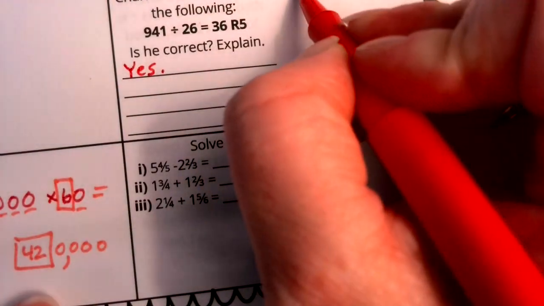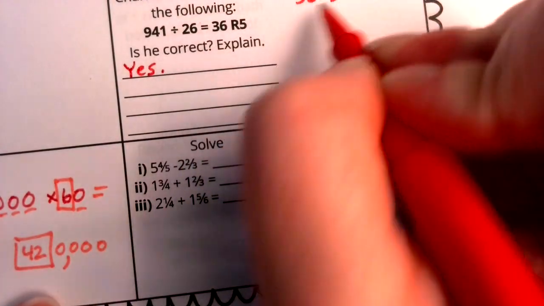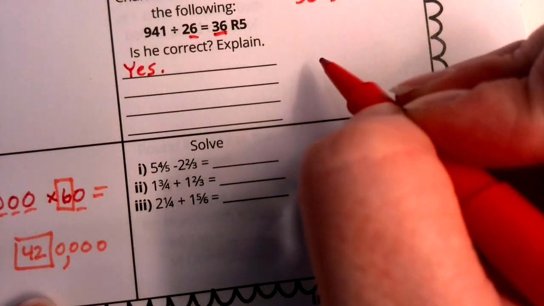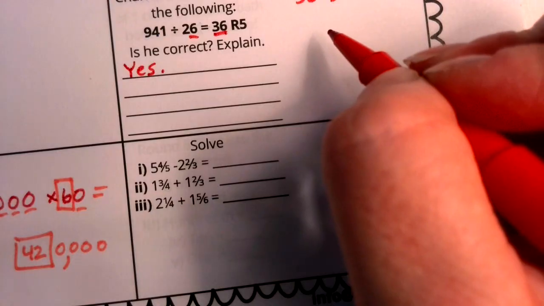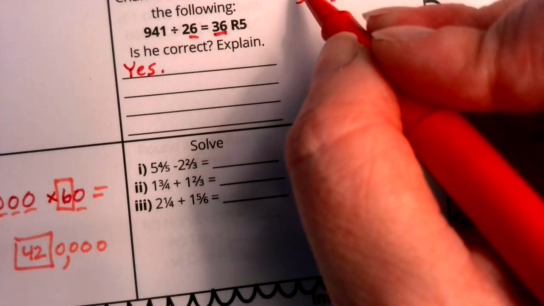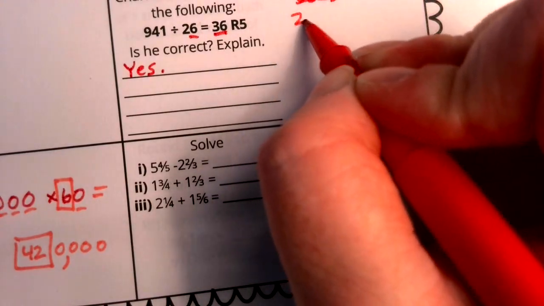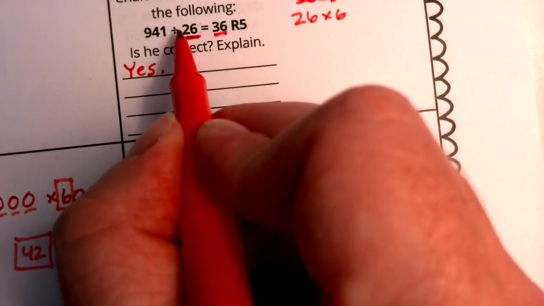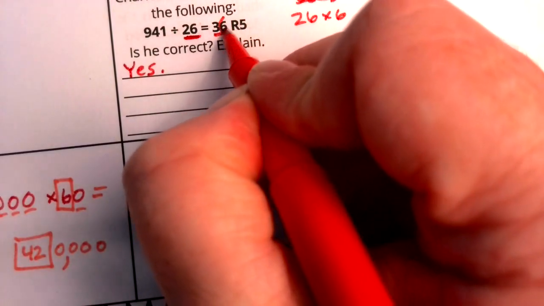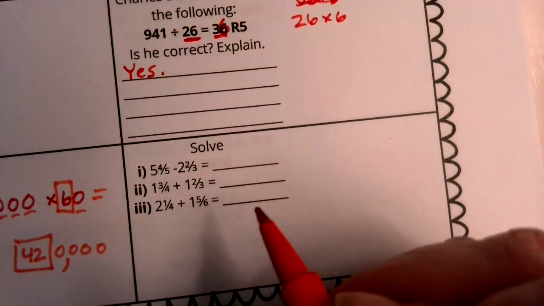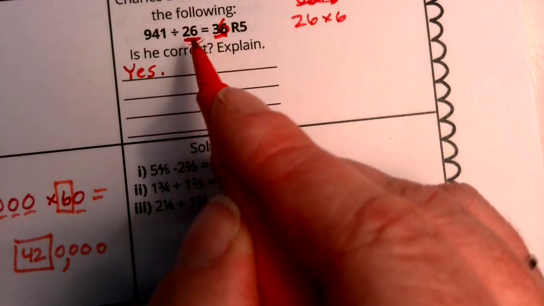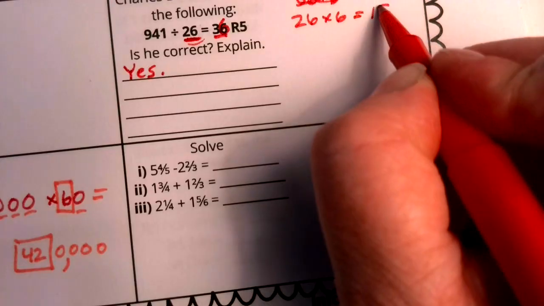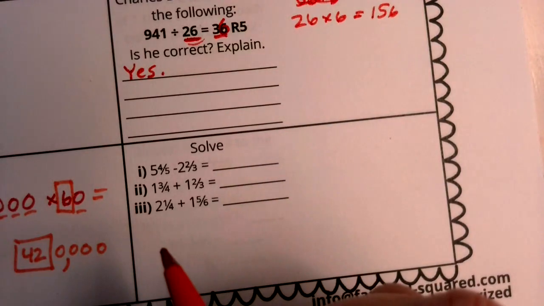Well, let's start with 26 times the 6 of our answer. When we did that, 26 of our divisor times the 6 of our quotient, many of us found that to be 156, and that's true.